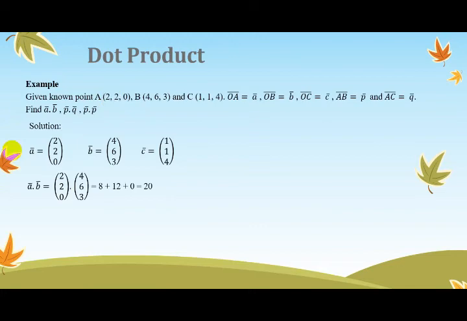And then just multiply all the components. 2 and 4 becomes 8. 2 times 6 is 12. 0 times 3 is 0. And find the sum: 8 plus 12 plus 0 is 20. So vector A times vector B is 20.